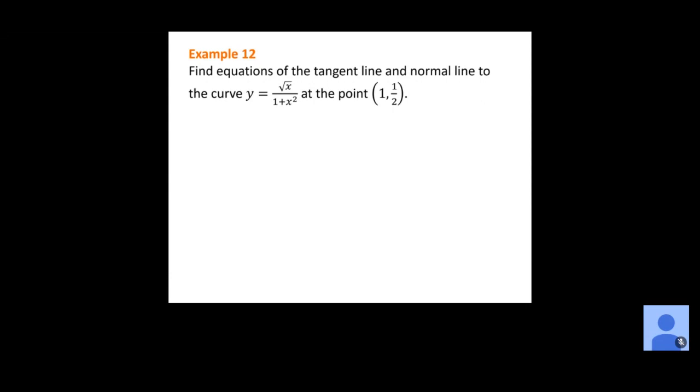Like I said, we're going to start out the same way. We're going to start by finding the tangent line first. How are we going to find the equation of our tangent line based off the information that's given here?